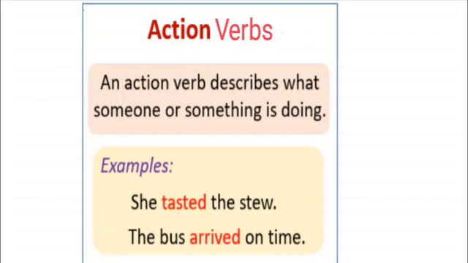The bus arrived on time. What is the bus doing? It's arriving. So here arrived is the action verb. Okay? Now remember, whenever an action takes place in a sentence, this particular action is known as an action verb.